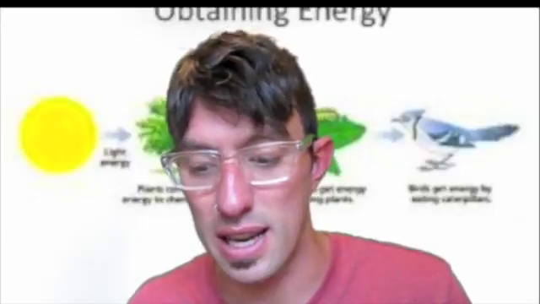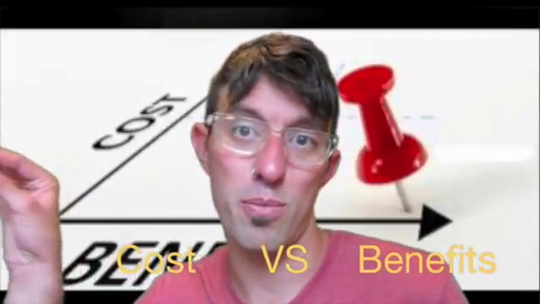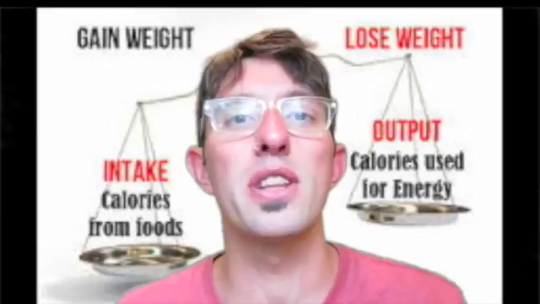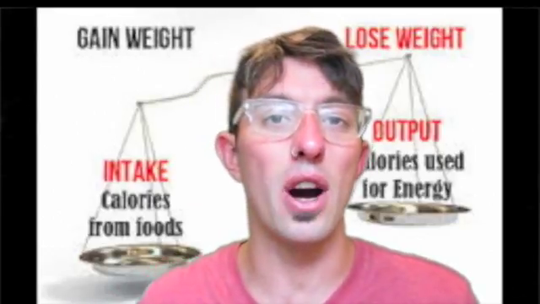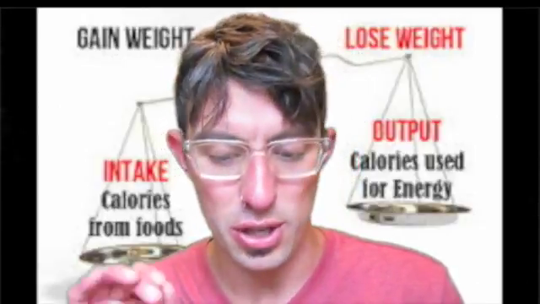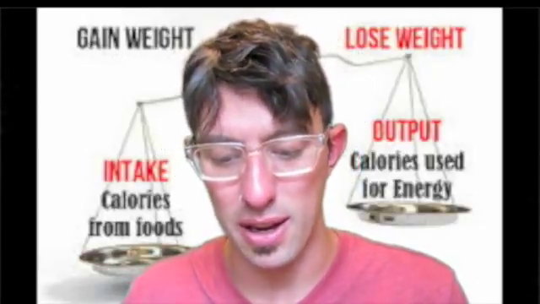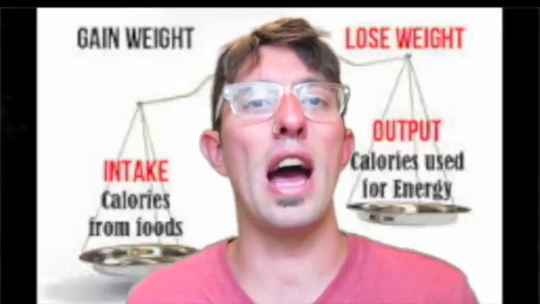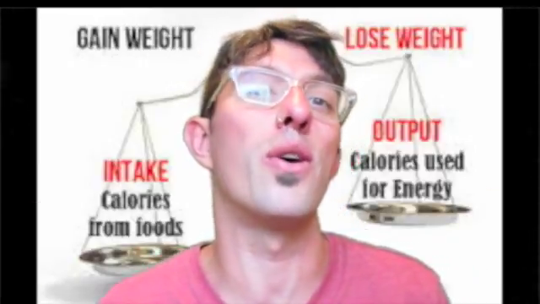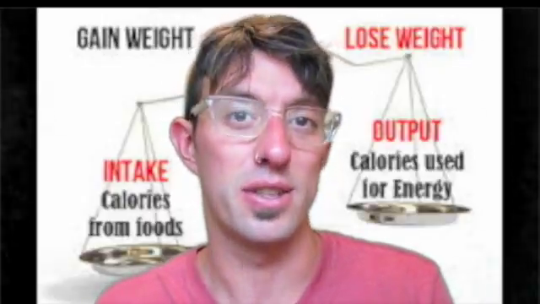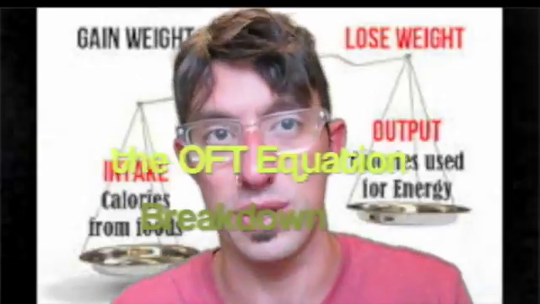So it makes a lot of sense: if energy is currency, how are you spending it, and what's the benefit? Costs and benefits. OFT is trying to explain the idea that if there's always a cost and a benefit to all the energy that we get from our food, then how are organisms going about getting the food, and what are they going to do when they get it? So how are they going to use it?